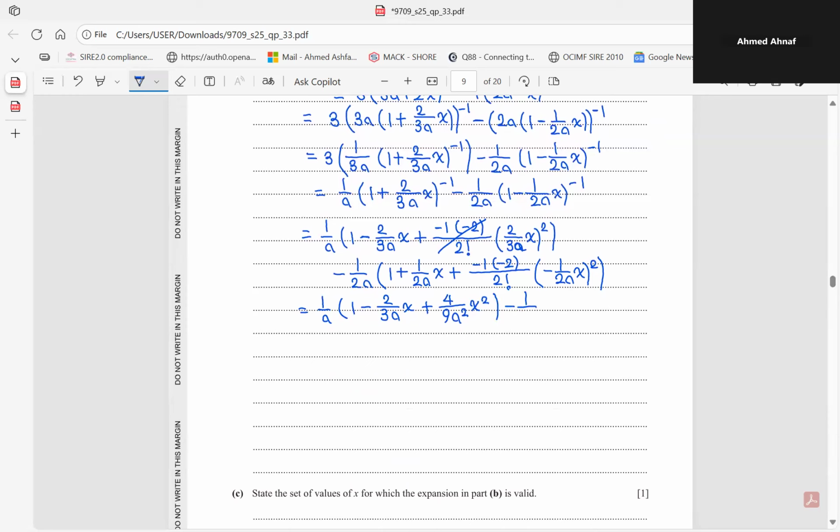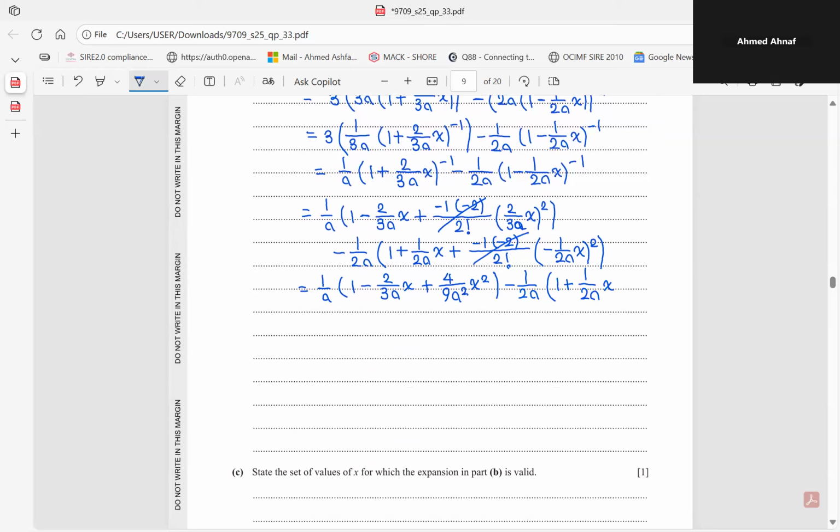And then the next one, we get 1 plus 1 over 2ax. This whole thing becomes 1, so you just get minus 1 over 2ax to the power of 2. So 1 minus 1 over 2a squared, you get 1 over 4a squared x squared.